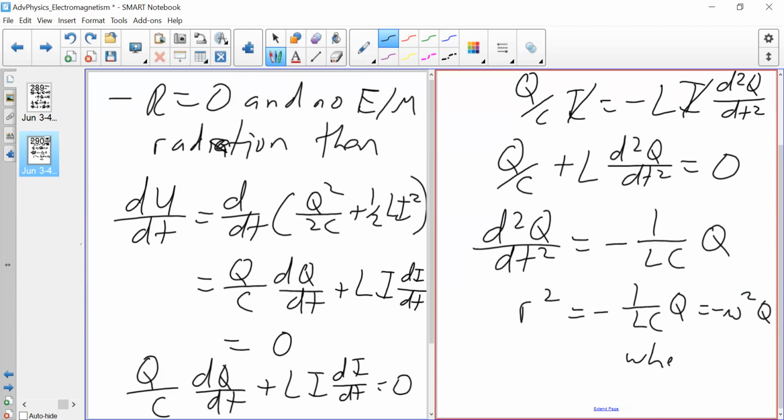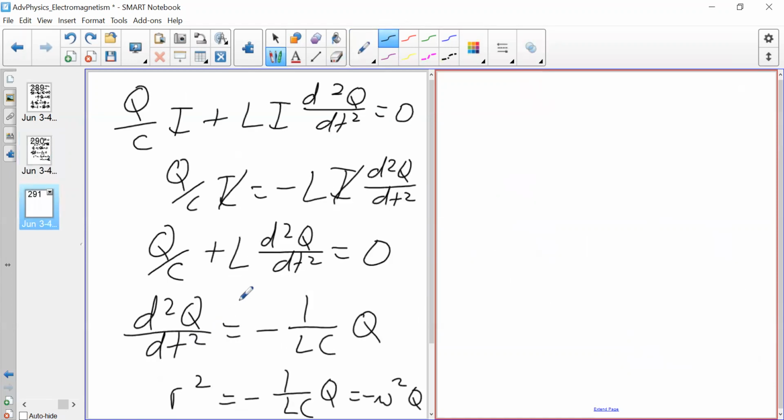And this angular frequency omega is going to be equal to the square root of 1 over LC. So therefore, omega squared is 1 over LC. That's where it all comes from. Substitution. All right, I will leave that up and go to next.